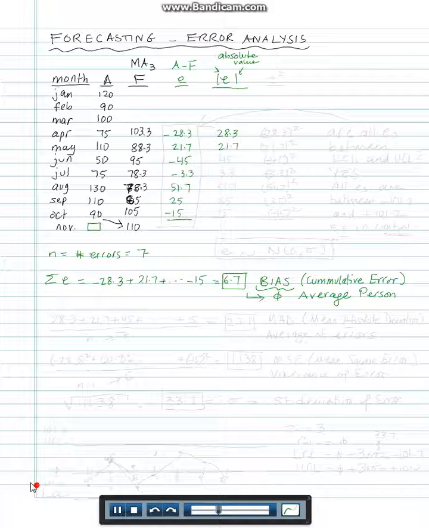So negative 28.3 becomes positive 28.3. 21.7 stays as 21.7. Negative 45 becomes 45. Negative 3.3 becomes a positive 3.3. And so on. 51.7, 25, and the last is 15.